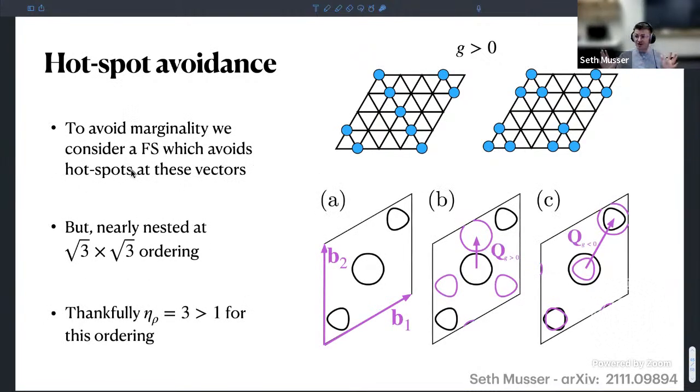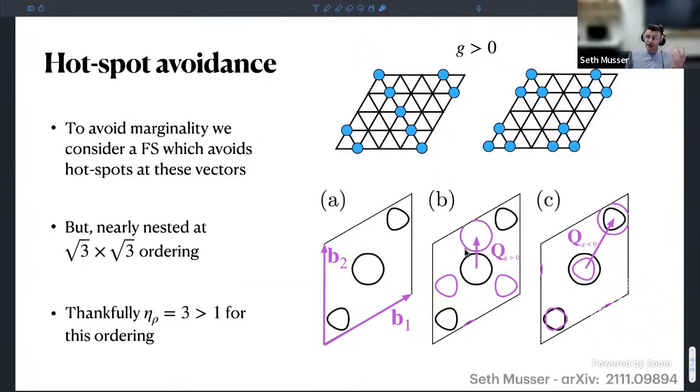So again, continuing in this vein of a proof of principle, we consider a Fermi surface which just avoids hotspots of these vectors. So rather than dealing with marginality, say that we take this Fermi surface. If you translate it by this wave vector, which corresponds to a kind of stripe ordering for G greater than 0, we can avoid hotspots.